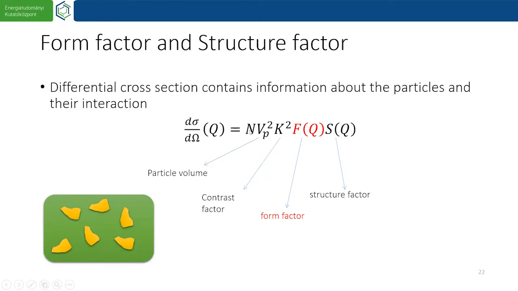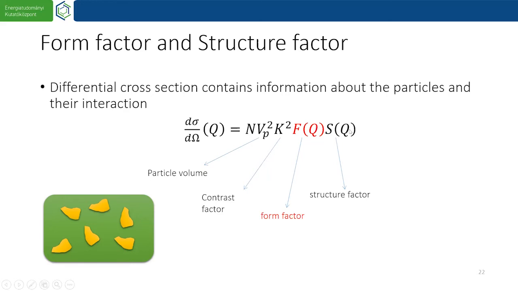And this quantity includes the n, not exactly the number of the particles, but the number density of the particles. Then the volume of the particle itself, some contrast factor. Contrast factor is the difference between the scattering length density of the matrix and the particle itself.